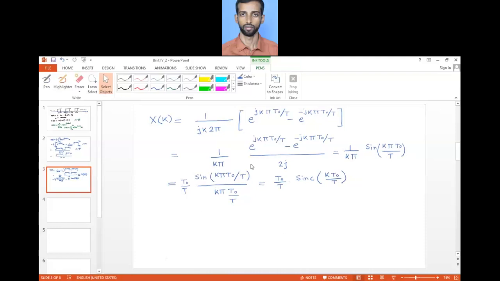So k pi t naught by T divided by k pi t naught by T is the extra term that I have to multiply with the numerator as well as with the denominator. So ultimately what we get is t naught by T sinc k t naught by T.